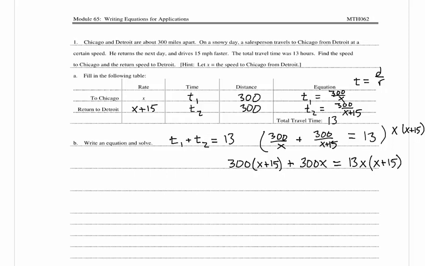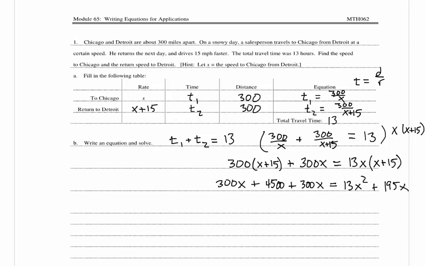And now we're going to distribute everything through the parentheses everywhere we can. So 300 times x gives us 300x plus 300 times 15 is 4,500, plus 300x is equal to, we have 13x times x is 13x squared plus 13x times 15 is 195x.